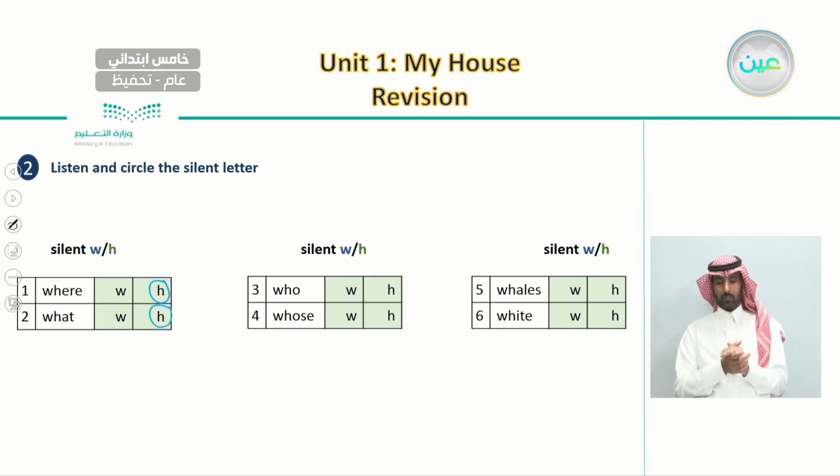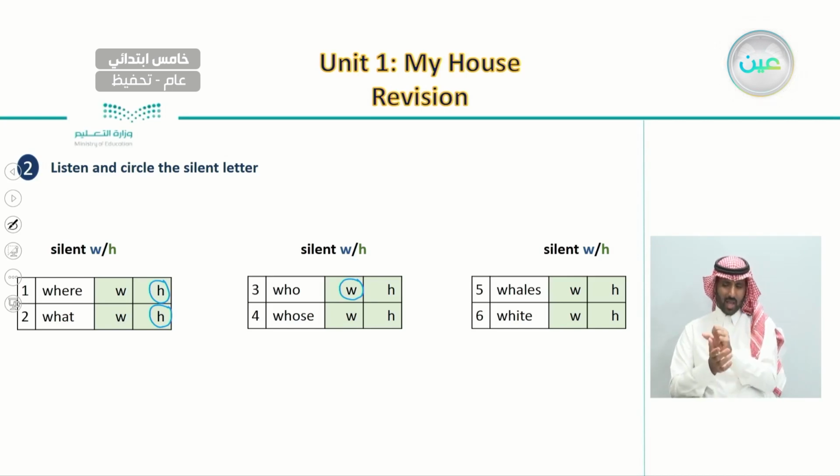Now let us move on to number 3. The third word we have with number 3 is the word who. Who. So what is the silent letter of this word? Who. Well, the silent letter of this word is the letter W. Letter W. And let's move on to number 4.